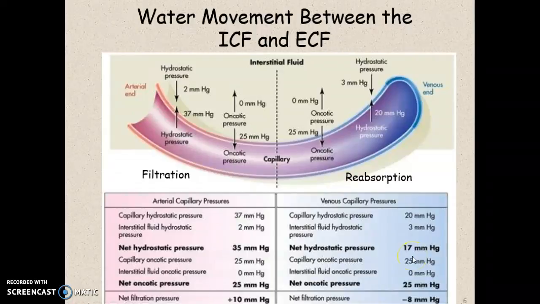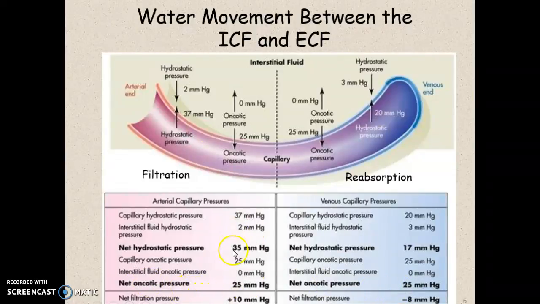All right. If you look at the oncotic pressure, as long as the capillaries are functioning properly and the vasculature or the endothelium is functioning properly, all of the proteins that are inside this capillary should stay there. So you shouldn't have a change in the oncotic pressure.